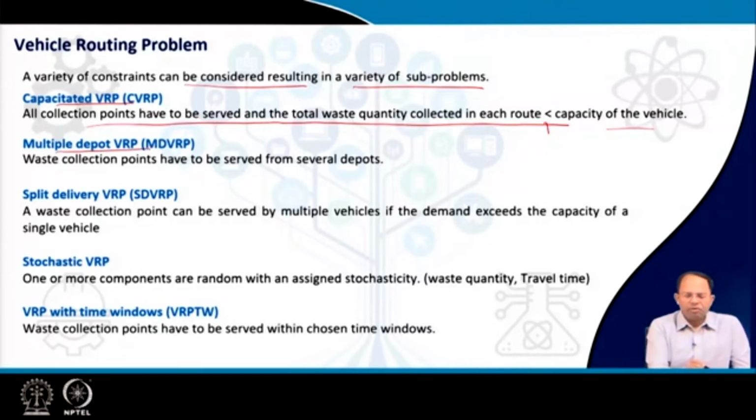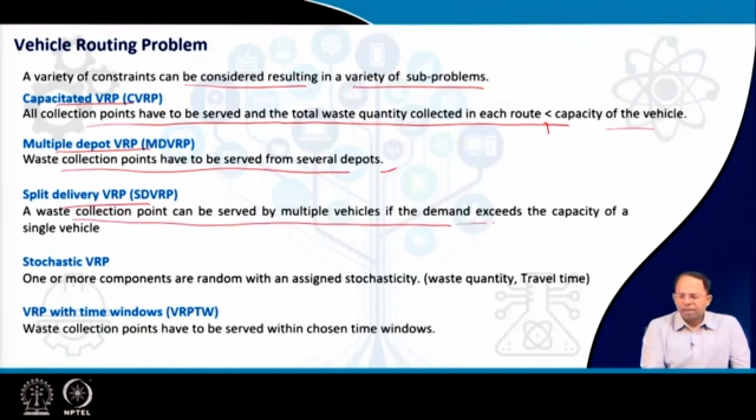Then multiple depot VRP, where waste collection points have to be served from several depots. That means instead of one depot, if I have multiple depots, how does the algorithm adjust itself, or how can we solve it? That's a variant of the standard vehicle routing problem. Then split delivery VRP, where a waste collection point can be served by multiple vehicles if demand exceeds the capacity of a single vehicle.